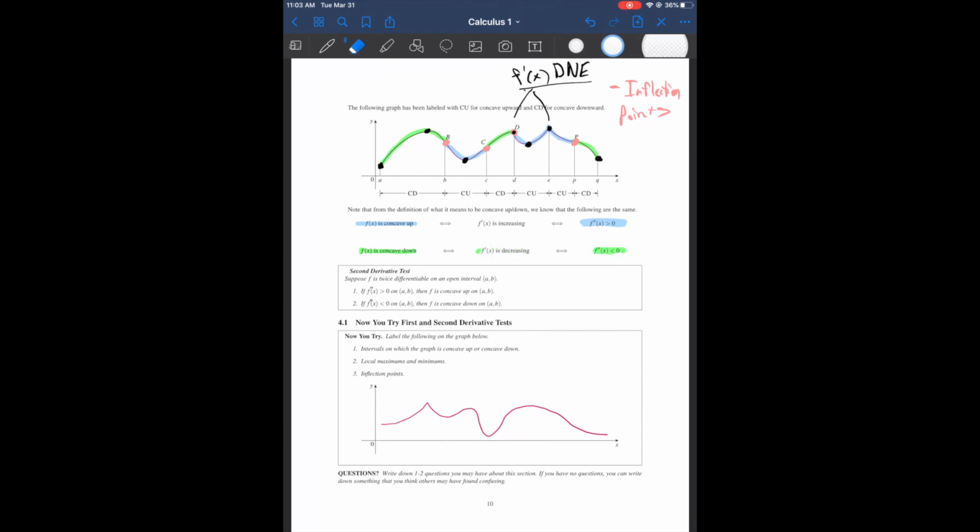So I should look for a second derivative less than 0 when looking for where a function is concave down. That's precisely what the second derivative test says. If the second derivative is greater than 0, the function will be concave up. If the second derivative is less than 0, the function will be concave down. So this tells us something about the shape of the graph.